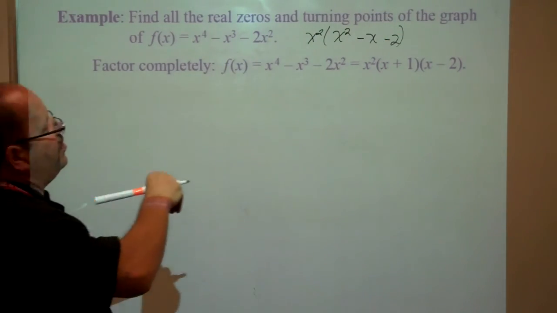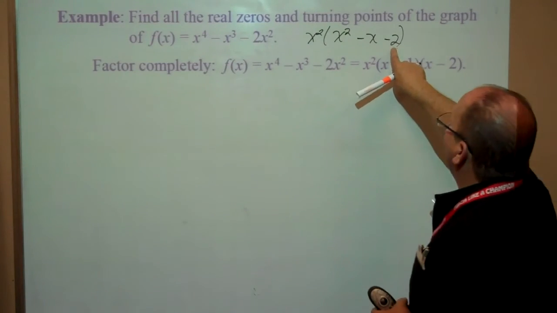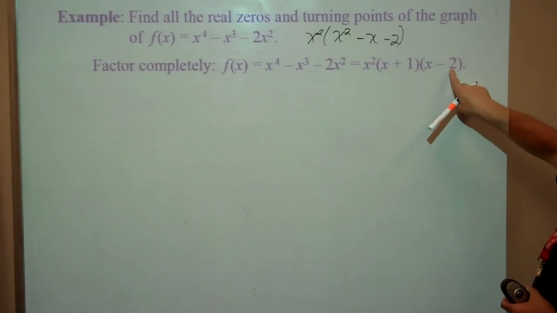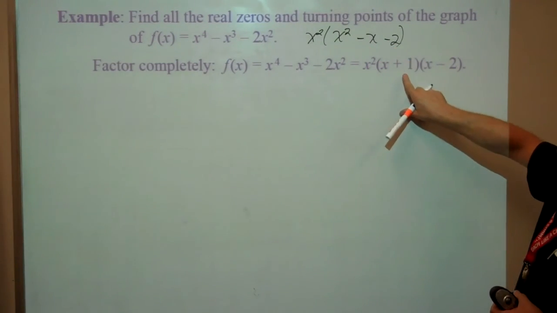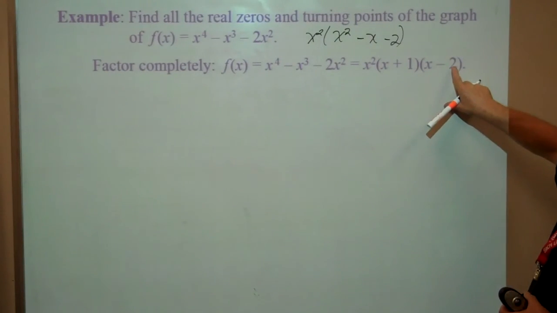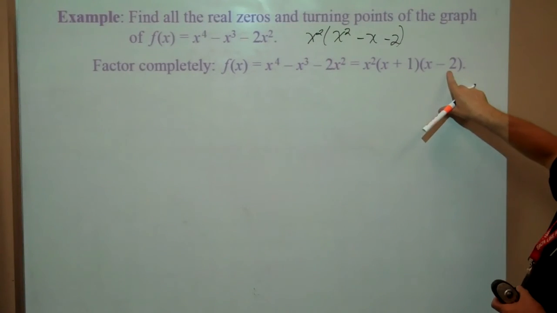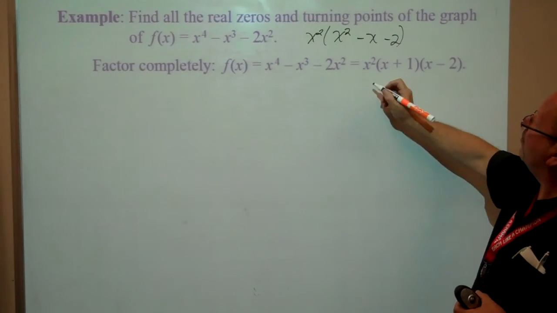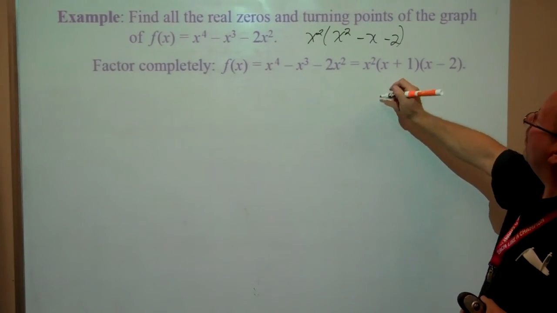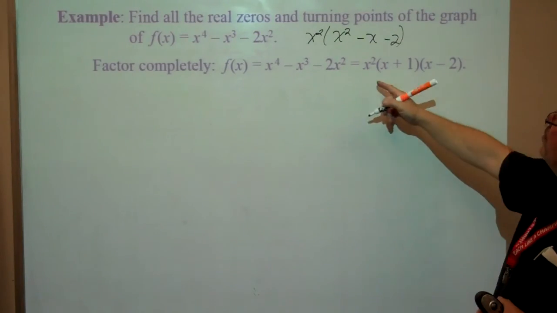And needs to multiply to give you 2 and add to give you negative 1. Or multiply to give you negative 2 and add to give you negative 1. So it's negative 2 and positive 1. And there's how you factor the quadratic. And so x squared times x plus 1 times x minus 2.